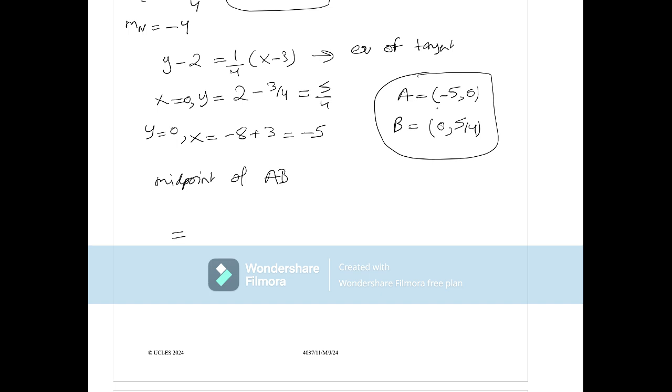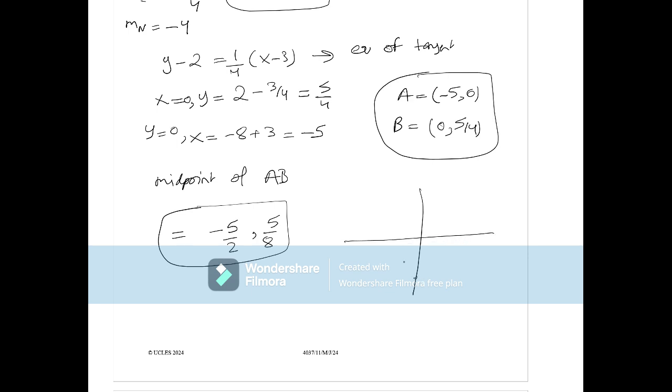Which is just the difference between these two points. You need to go from 0 to minus 5 in two steps, so one step is negative 5 by 2 and then another negative 5 by 2. Between 0 and 5 by 4, you have 5 by 8. This is the midpoint. Let me just show you.